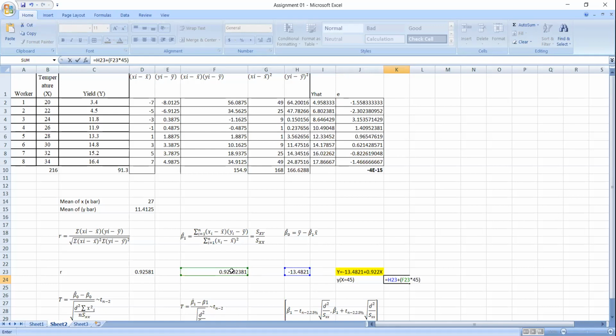So when you substitute 45 for x, you will get the corresponding yield value. In that case, that is 28.00893. So this is the corresponding yield value when your temperature is equal to 45, right?